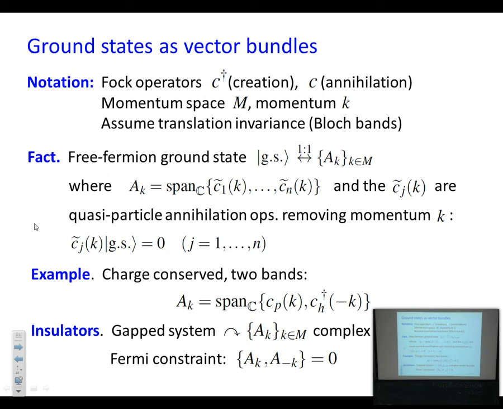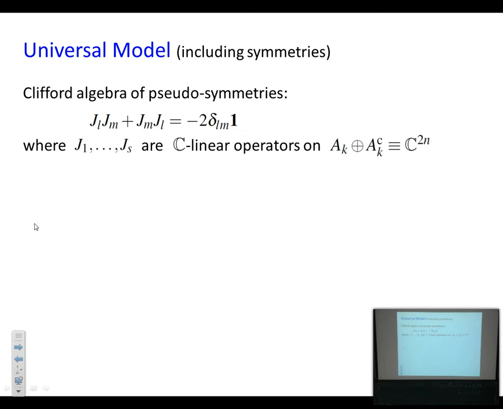The annihilation operators amongst themselves should form a Grassmann algebra. They should all anti-commute. So if these are truly annihilation operators, they better all anti-commute with each other. So these spaces annihilate with each other with respect to the anti-commutator bracket. So far, no symmetries other than translations.